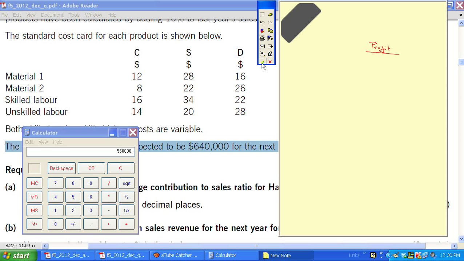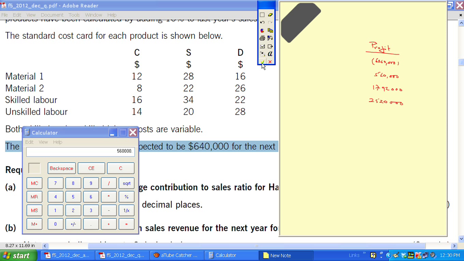At activity level zero we started with minus 640,000, then we move to positive 560,000, then to 1,792,000, and finally 2,520,000.